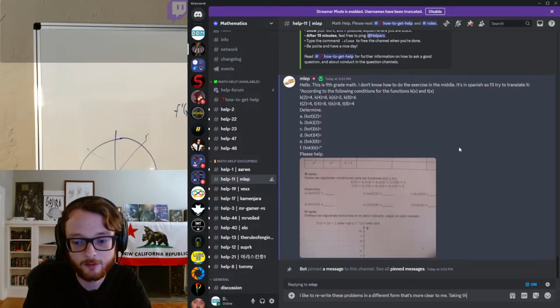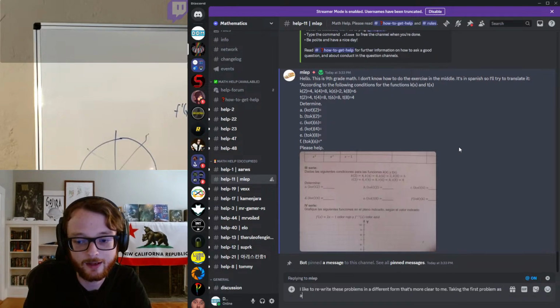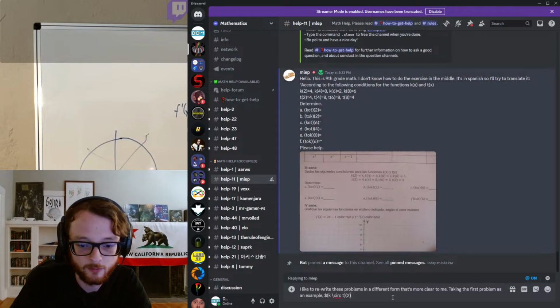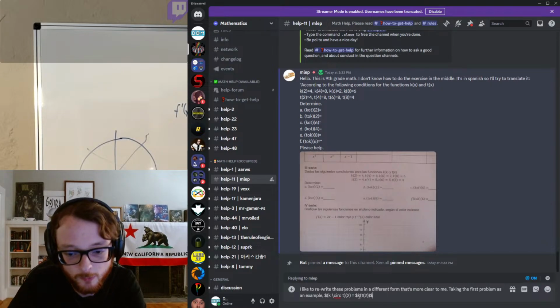Taking the first problem as an example, K circ T of 2. Oh, we need parentheses around those. Is equal to K of T of 2. Oh, no dollar sign there.